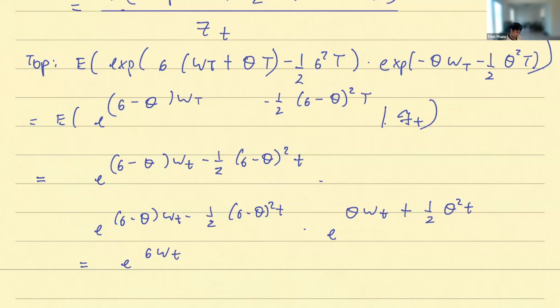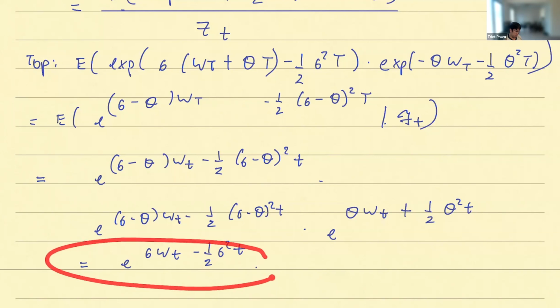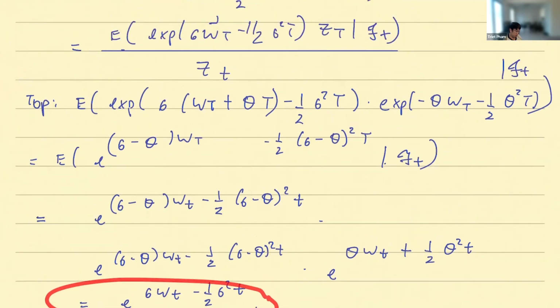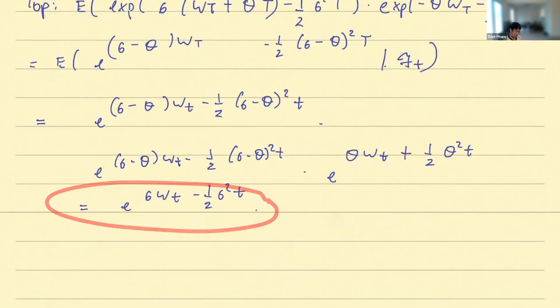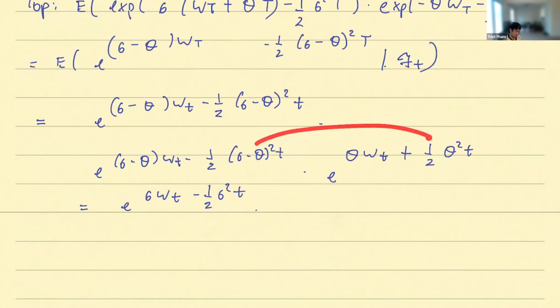I'm still having a cross term left. Gosh, I messed up again. So it's supposed to be this. But I still have a cross term left between this and this, I still have a sigma times theta.